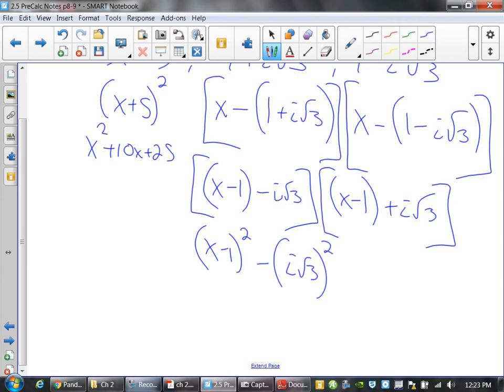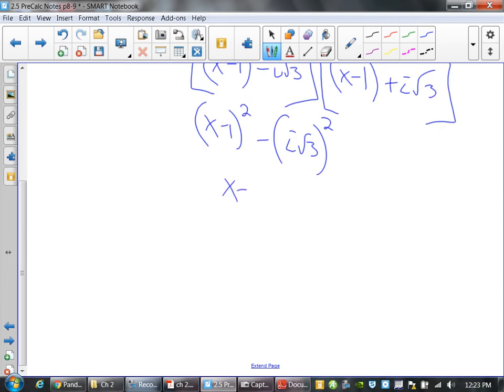So you wind up with, let me just FOIL that out, x squared minus 2x plus 1 minus a negative 3. Since it's i squared times 3, it's negative 3. Minus a negative 3 is?